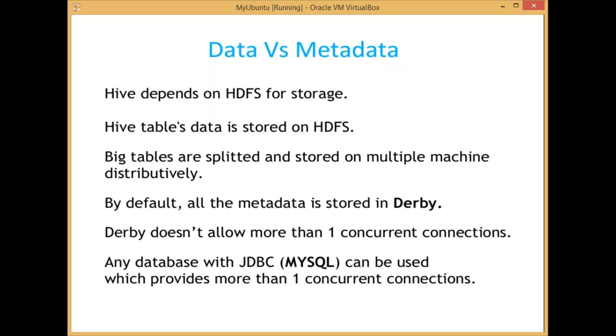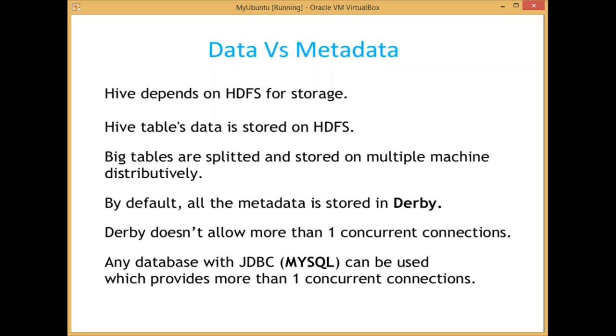In that case, you can use any JDBC compliant RDBMS, Oracle, Microsoft SQL Server, or MySQL or Teradata, any which is JDBC compliant, and that can be used which provides more than one concurrent connection.